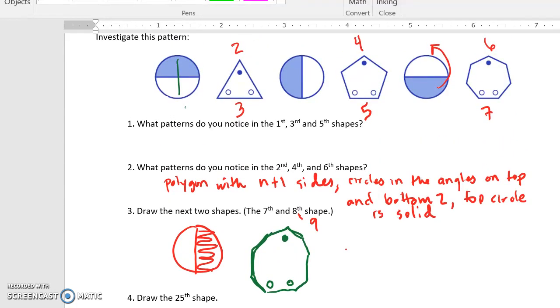So let's look. We started with the top half at 1, and then we moved to the left half, bottom, right half. So then at 1, 3, 5, 7, at the 9th, we're going to actually start back over, right?